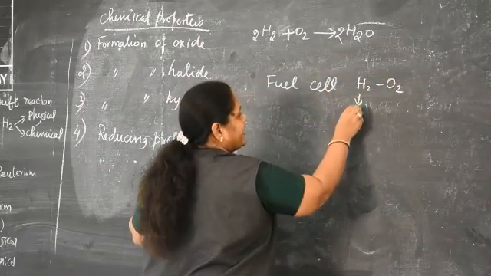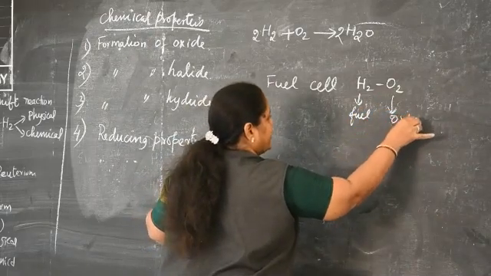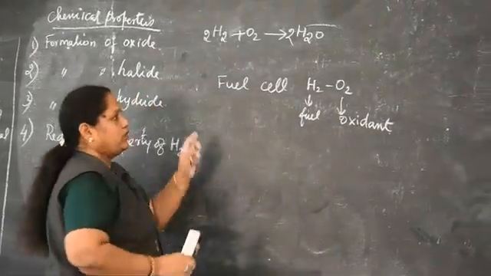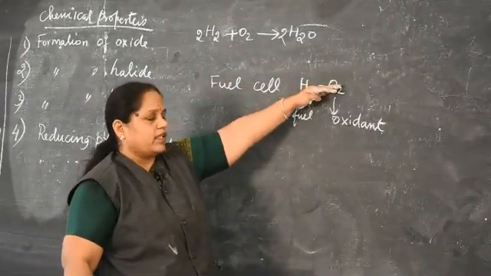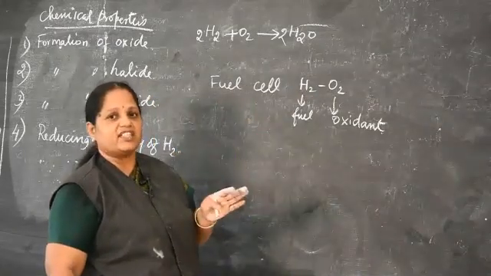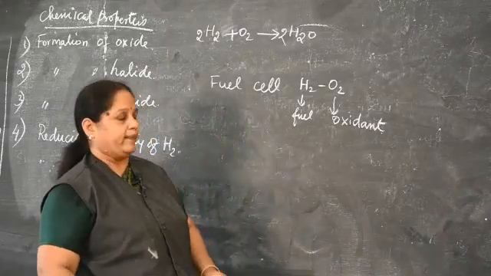Here hydrogen acts as a fuel and oxygen acts as an oxidizing agent, otherwise called an oxidant. When both combine together, they produce a large amount of energy, which is converted into electricity in the fuel cell.